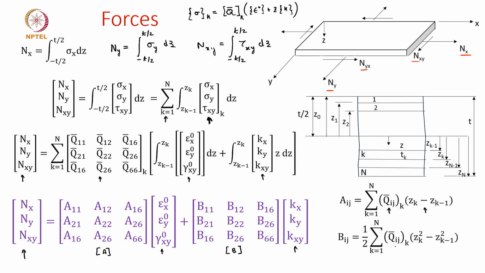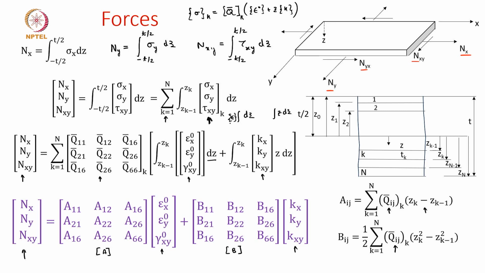And for the B matrix, we have the stiffness component term times z square by 2. And where are these coming from? If you look here, it is simply the integral of dz, and the second term is the integral of z times dz, because the mid surface strains and the curvatures can be taken out of the integral.